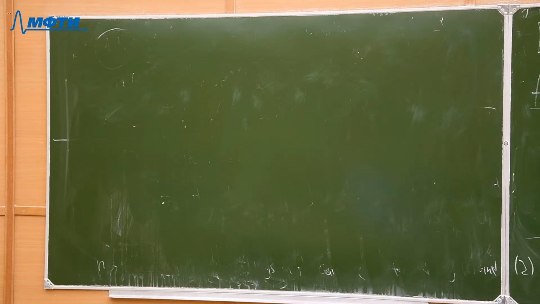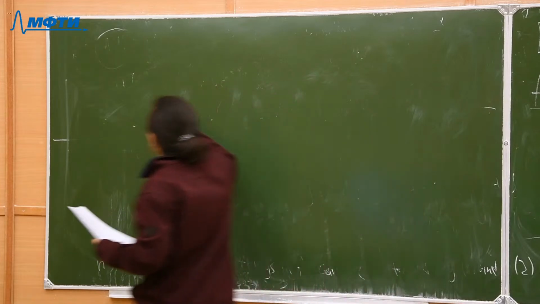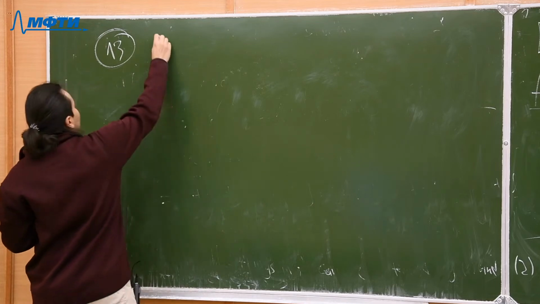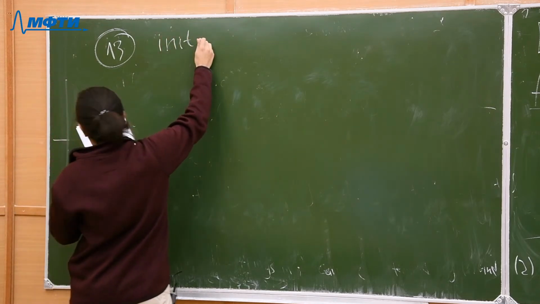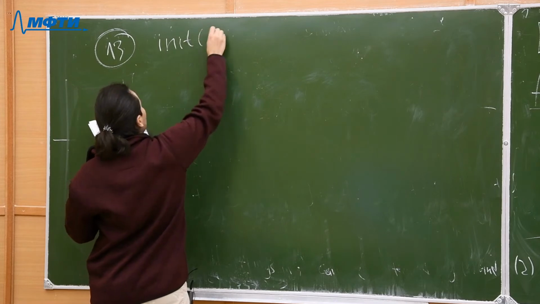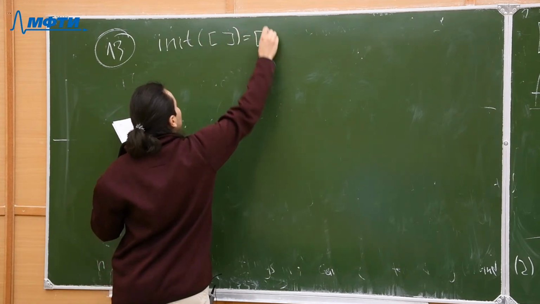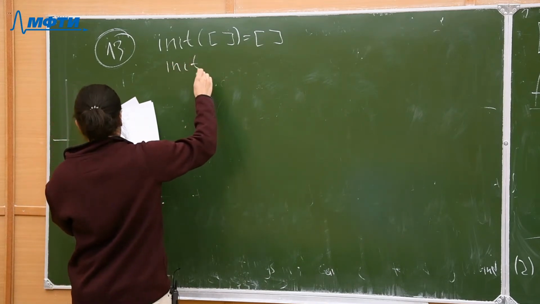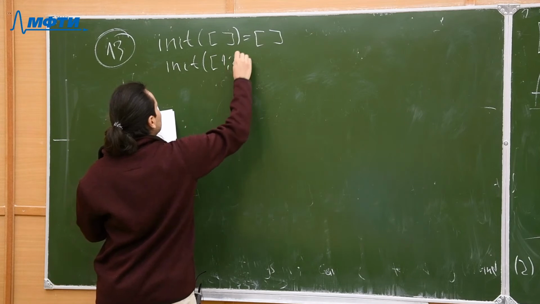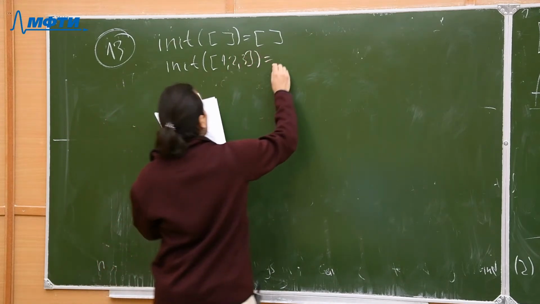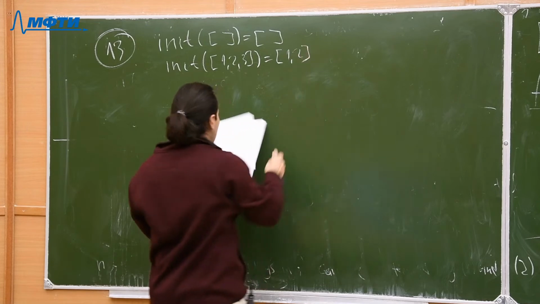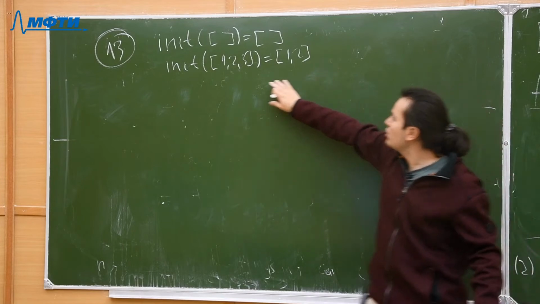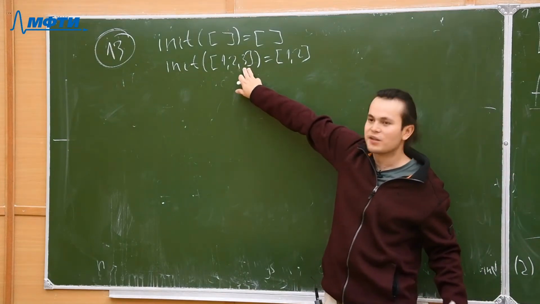So we need to define this function such that we obtain, on 1, 2, 3, the result 1, 2. We need to define this function formally such that we take out the last symbol on the right side.